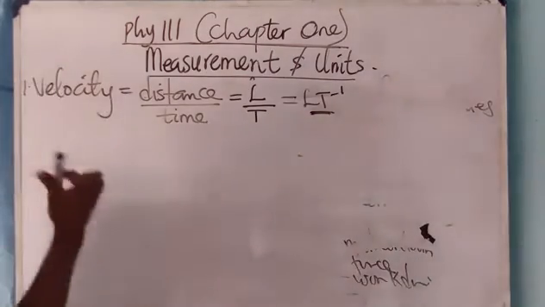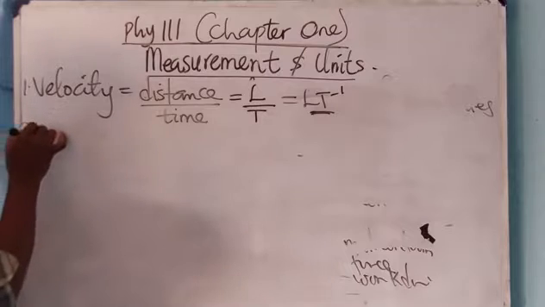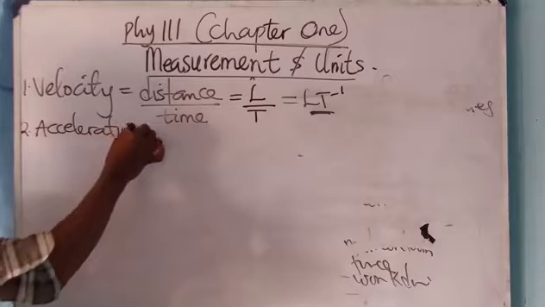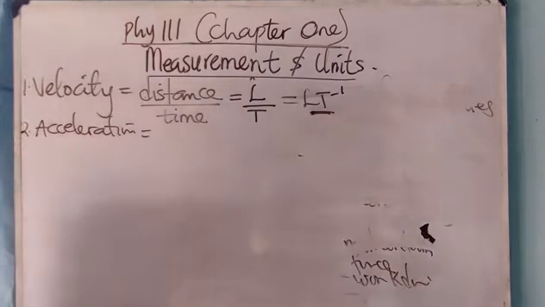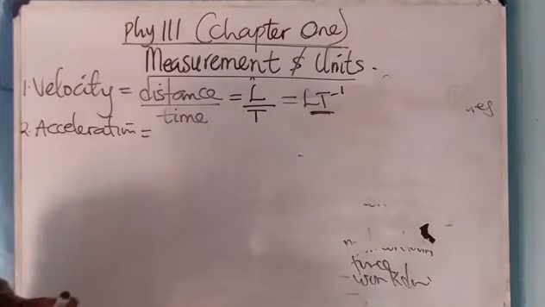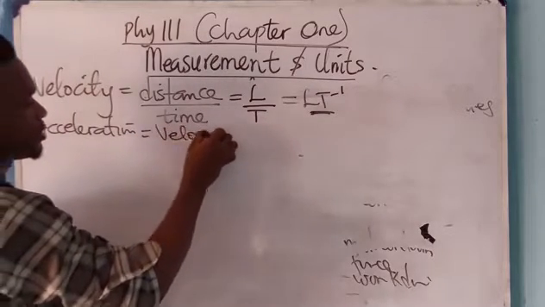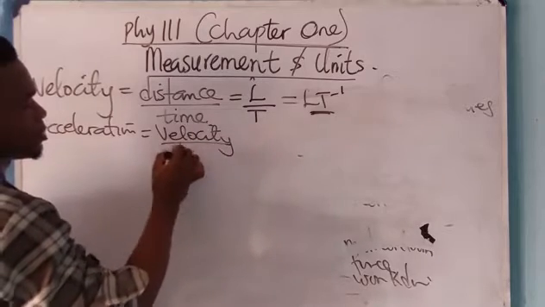Okay. Now, number 2, let's deduce for acceleration. Acceleration, the ministry is moving, is progressing. What is acceleration? It means the change in velocity per unit time. So we say velocity over time.